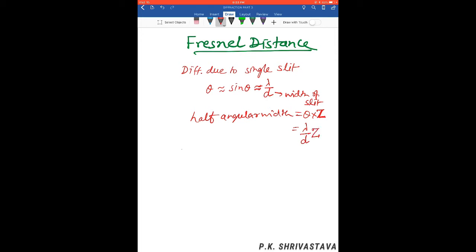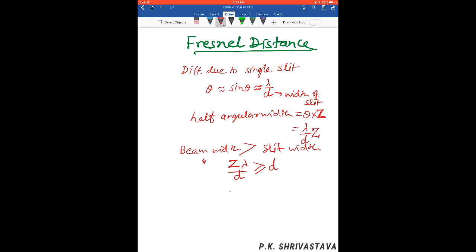Now this beam width will become more than the slit width only when z lambda by d is greater than or equal to slit width d.